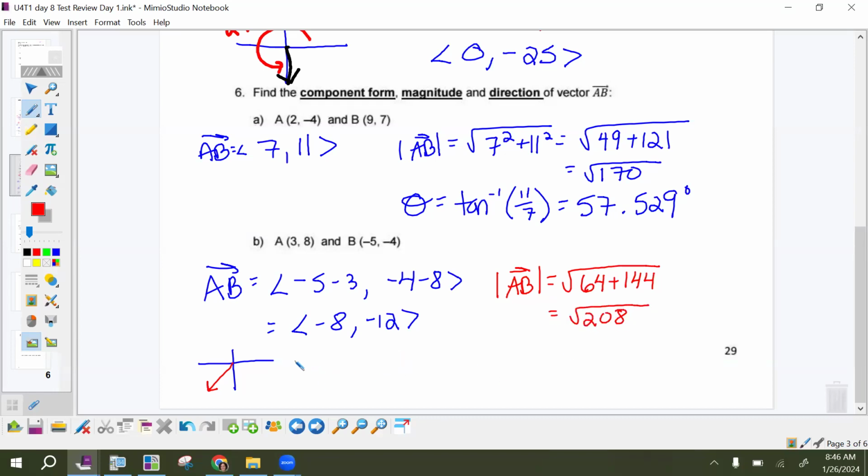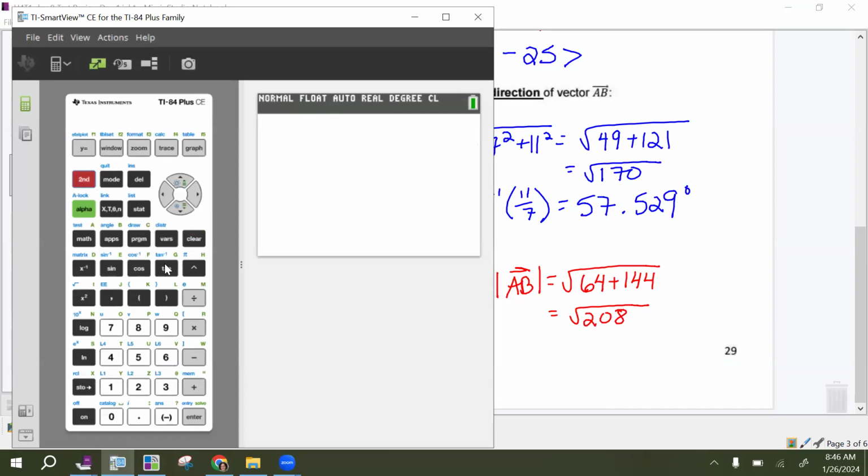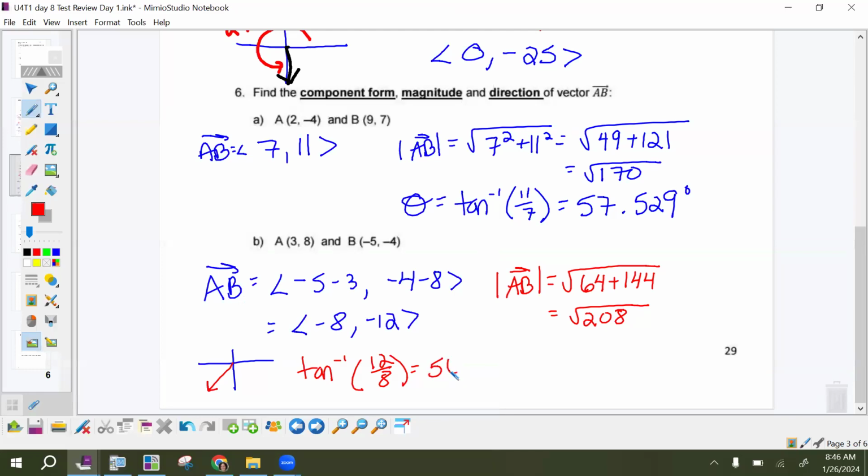Okay, so in the calculator, tangent inverse will give me the reference angle, 56.310 degrees.